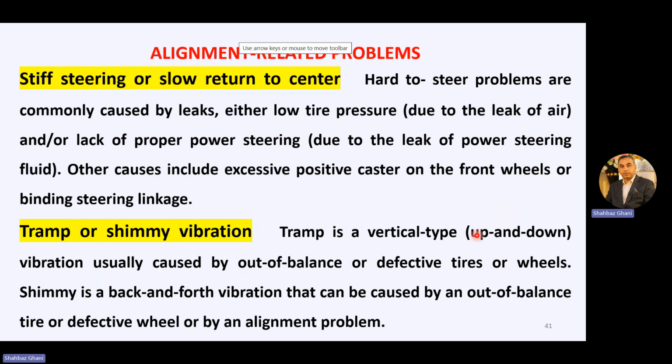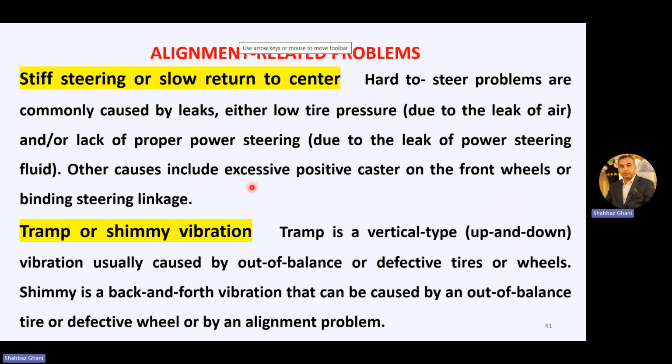Now the last two alignment related problems are stiff steering or slow return to center. Hard to steer problems are commonly caused by leaks, either low tire pressure due to a leak of air, or lack of proper power steering due to a leak of power steering fluid.